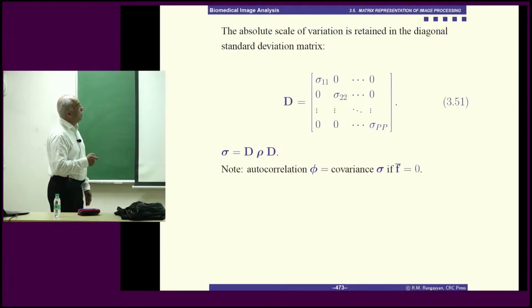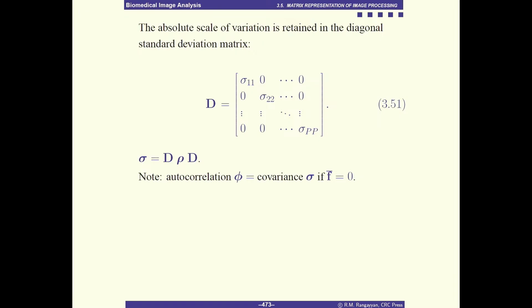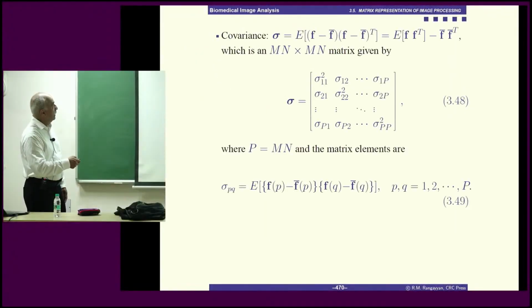The absolute scale of variation, the sigma values along the main diagonal, are in another diagonal matrix D. Then sigma is D rho D. Sigma is the covariance matrix, where we had the variances along the diagonal.